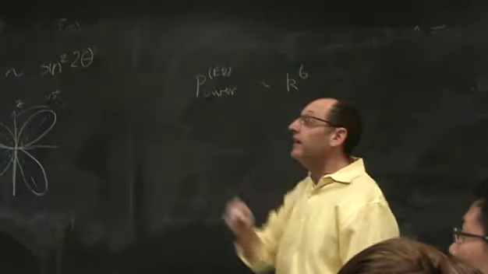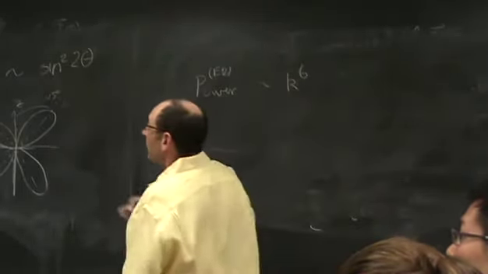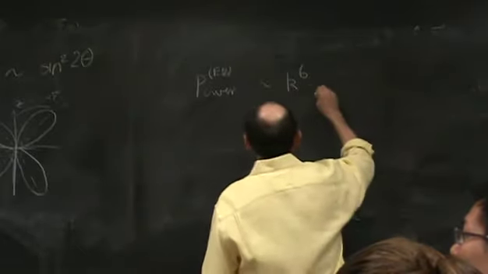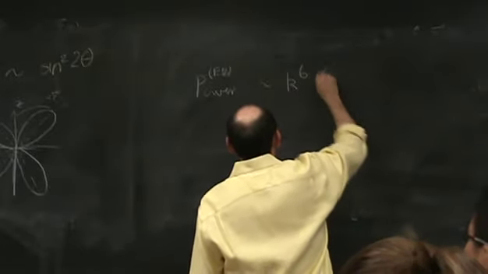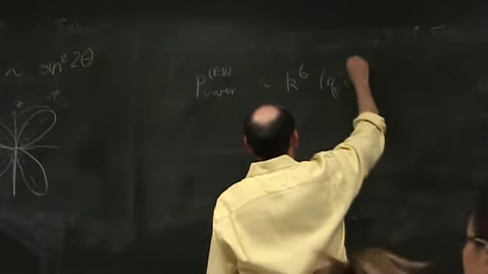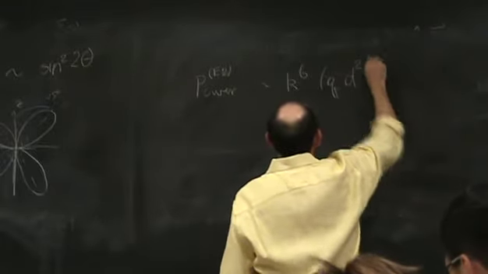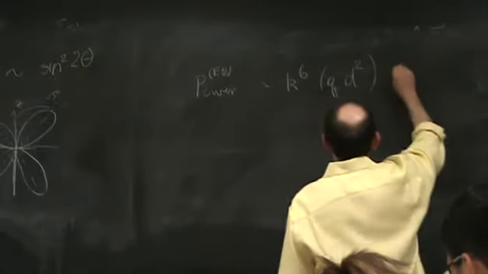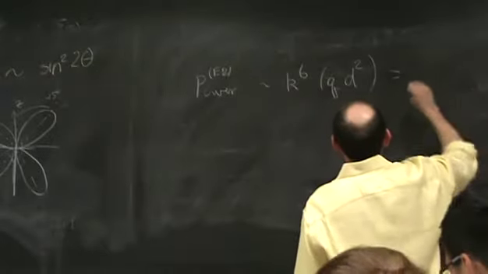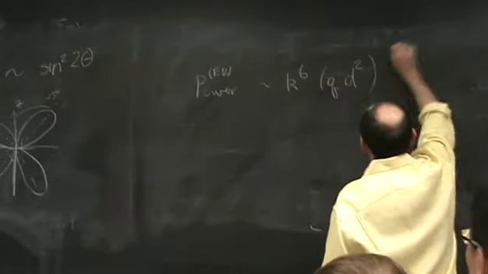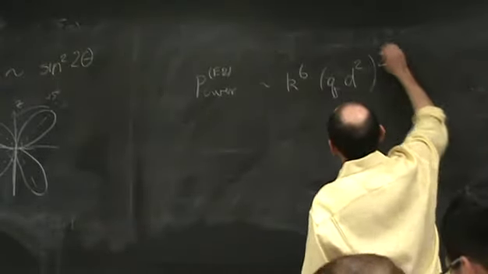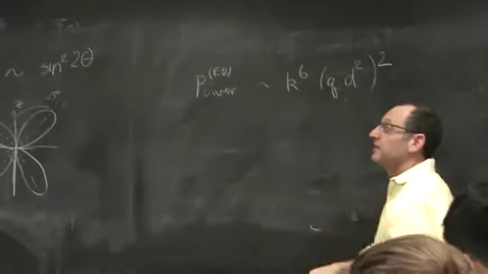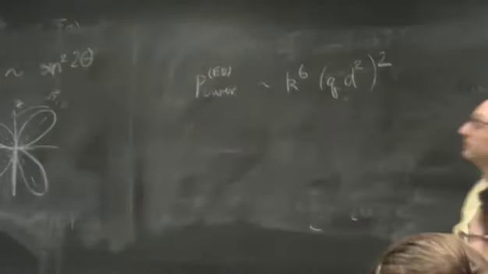That's what we got over there. And then we have this quadrupole moment squared, QD squared. So that's the power. This is the quadrupole moment that we got over there.